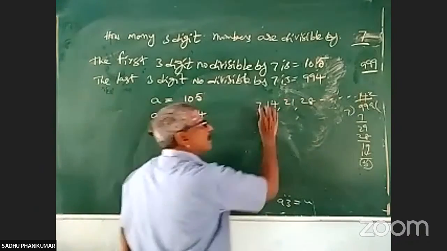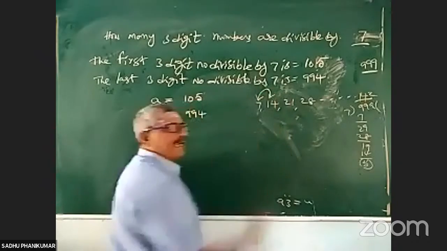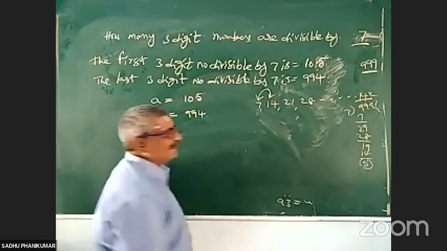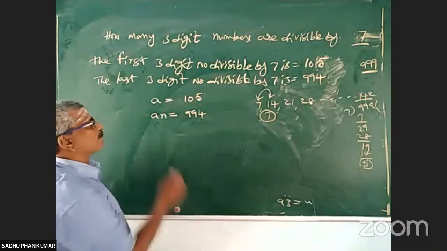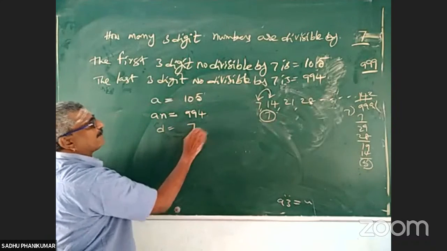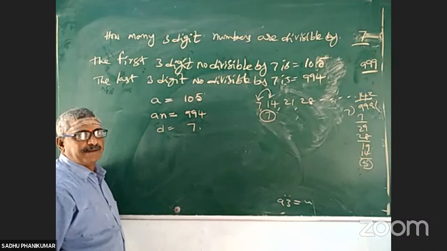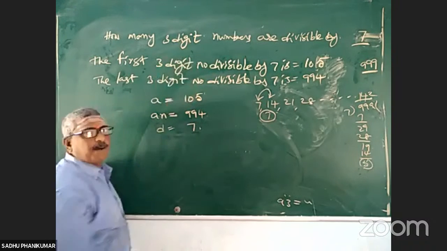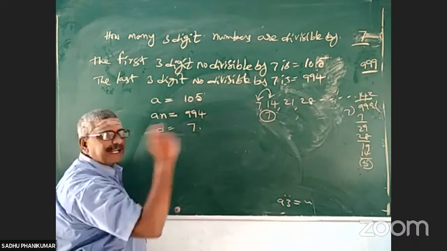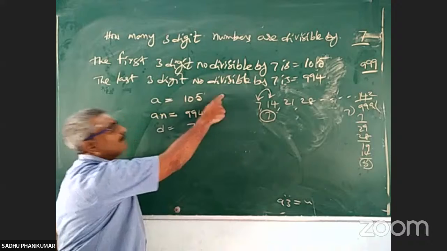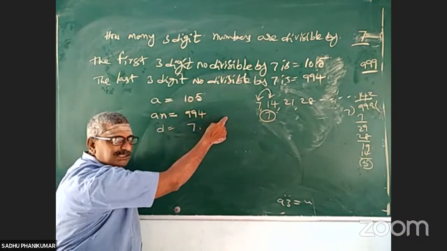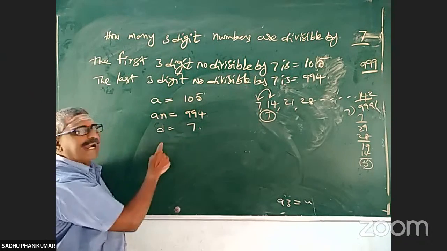That means the common difference is 7. So D is equal to 7. Nothing is given in the problem, but when we think with logic, we can find the first term, the last term or nth term, and we have D.